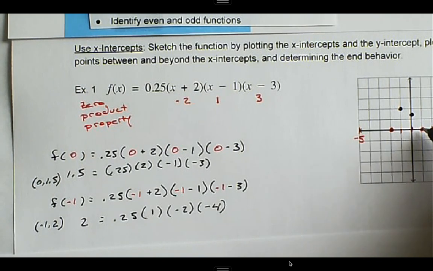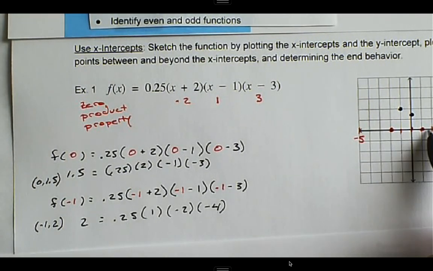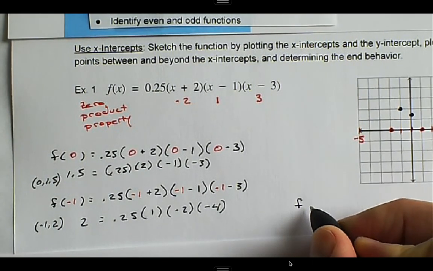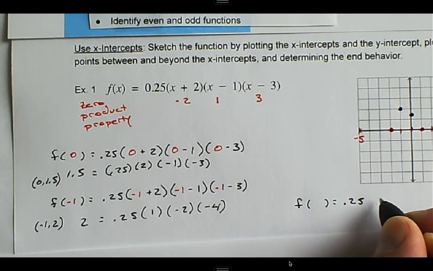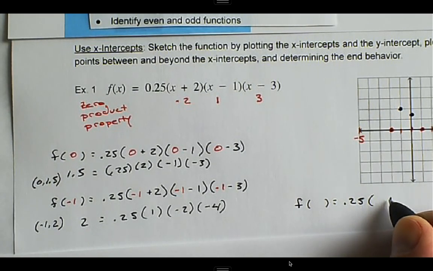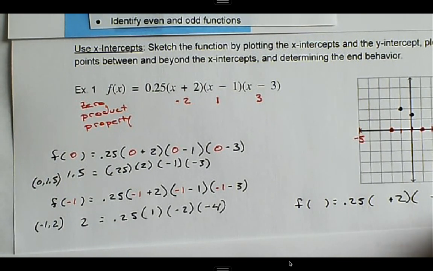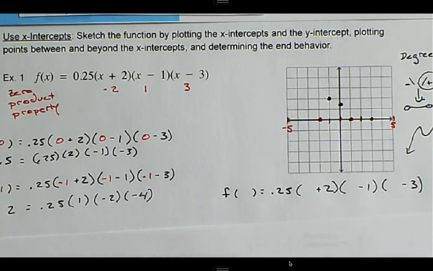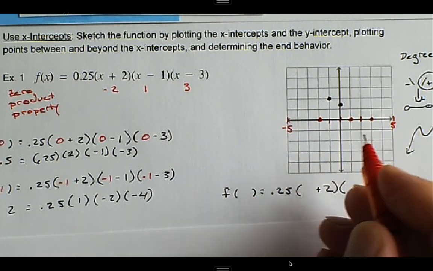Start up here, come down, it's going to cross the x-axis, and then we're not sure exactly what happens here. So we can check one more point, and that point is 2. We want that function evaluated at 2, which is 0.25 times (2 plus 2) times (2 minus 1) times (2 minus 3).